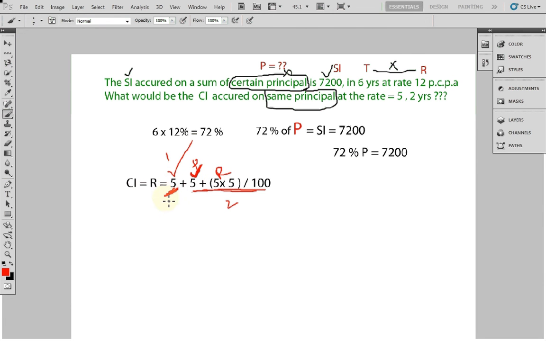Here in the first year we are not having any rate of interest, no. After completing 1 year only we will get some rate of interest, so this is only for principal. This 5 is for principal, and this whole thing is for rate of interest, what the rate we get. Okay, by solving this, what will we get?